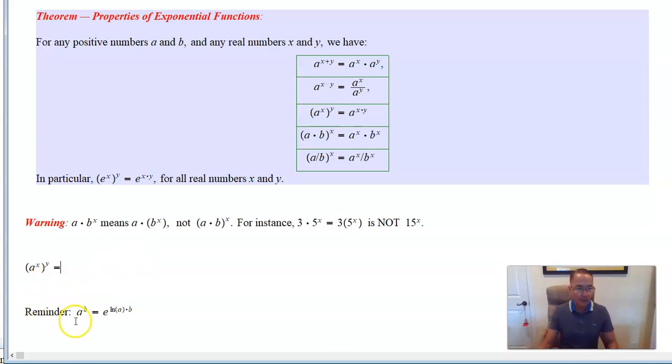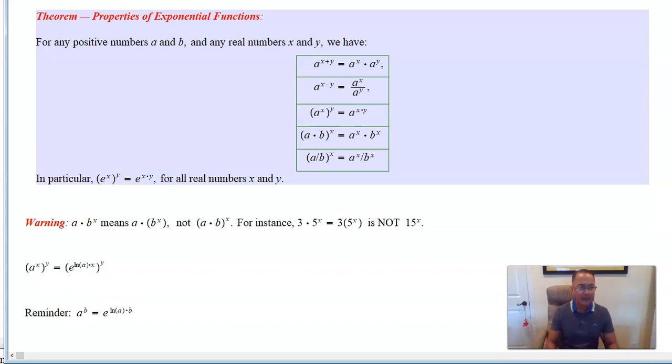Well, we said that a to the b is e to the power ln of a times b. So let's start inside. a to the x means e to the power ln of a times x. Then we raise it to the power y.